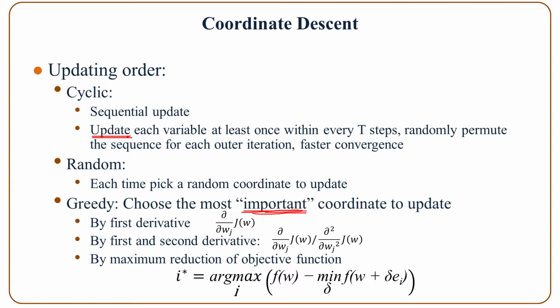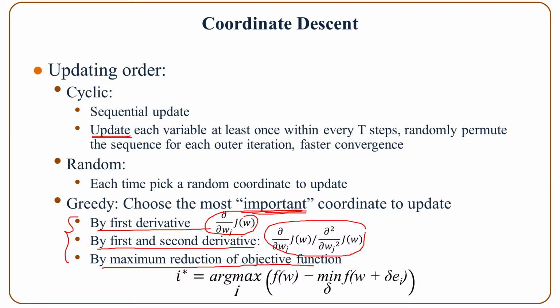There are actually three ways: by the first derivative, or by the first and second derivative, and also by the maximum reduction of the objective function.